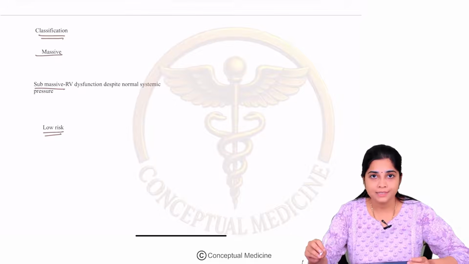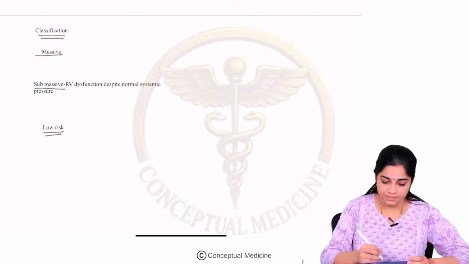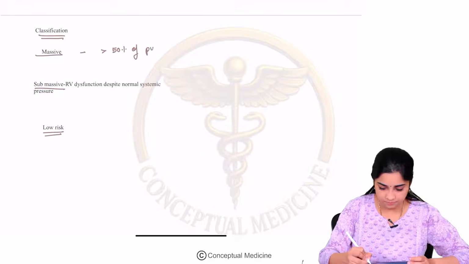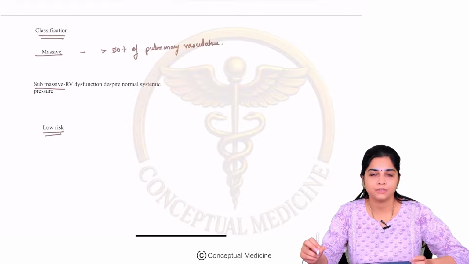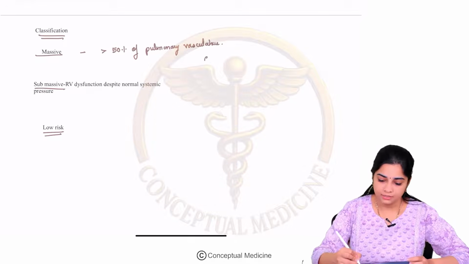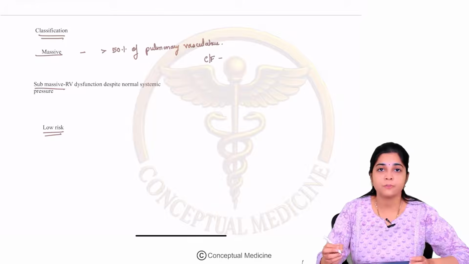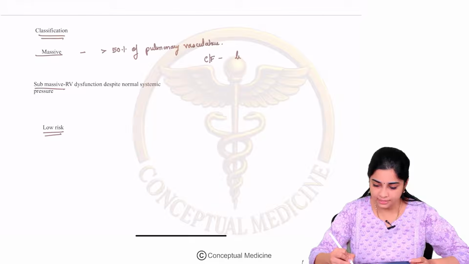So, a massive pulmonary embolism is basically defined as when more than 50% of the pulmonary vasculature is blocked by the pulmonary thrombus. And the most important clinical feature of a massive pulmonary embolism is that they present with hypotension.